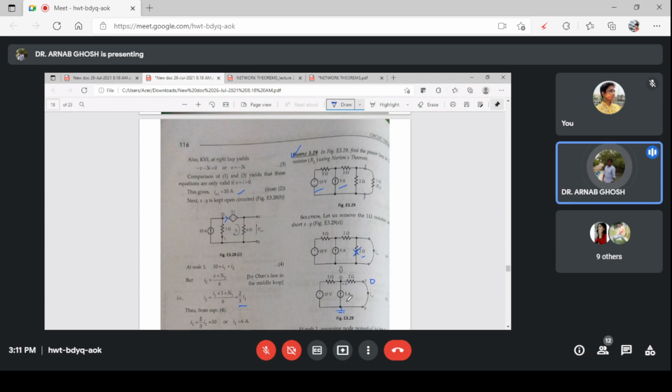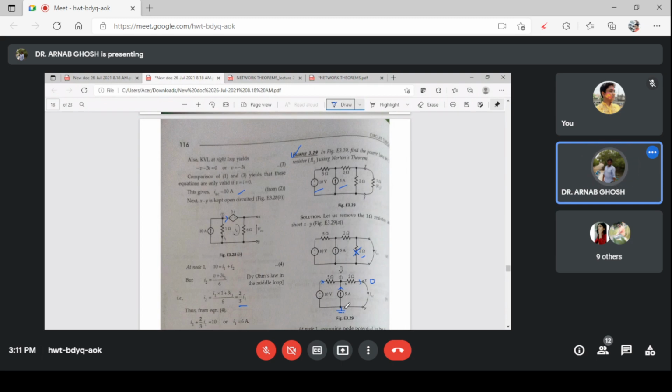We are taking this node as node 1 and the voltage as V. If you apply KCL here, current is entering from this. So this current plus this current will be equal to this ISC current.